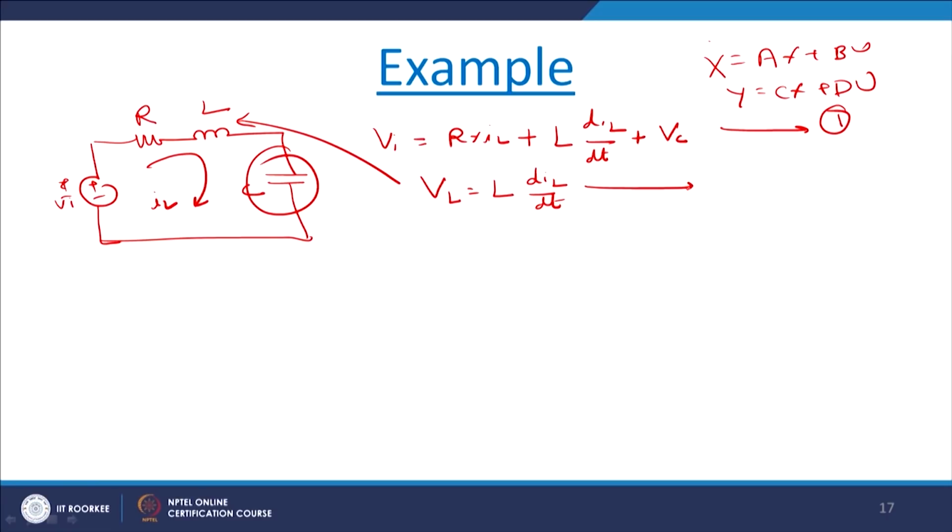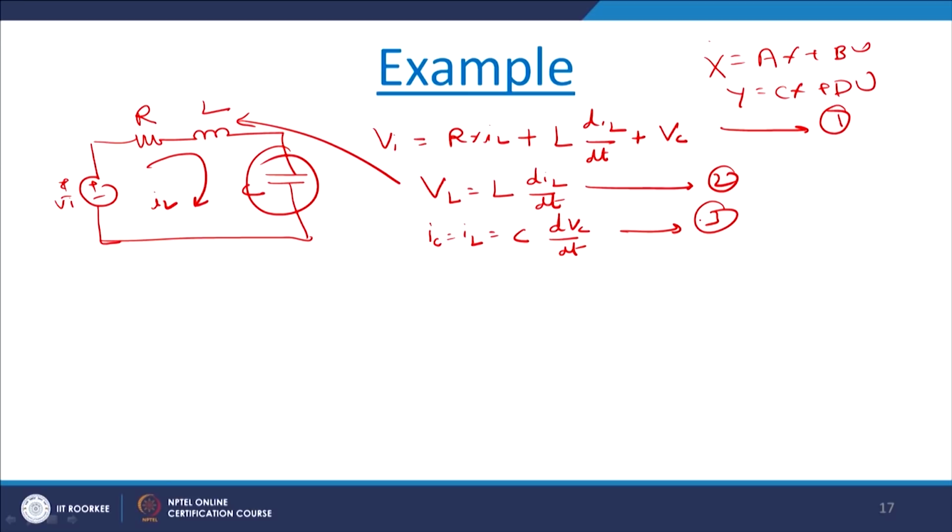This is equation number 2. So L dIL by dt shows the energy storage, IL. So now we have got the first state variable, IL. Second, the current flowing through this capacitor, IC, which is the same as IL, we can take as C dVc by dt. This is equation number 3.